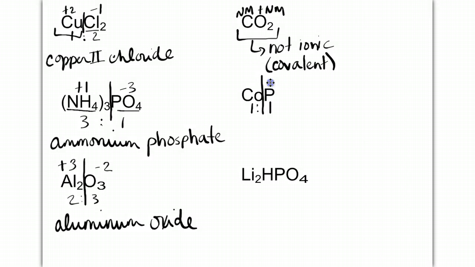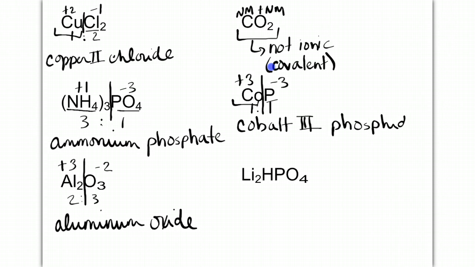And notice on your periodic table, phosphide is in the -3 column, giving it a charge of -3. Therefore, the cobalt must be a +3. So Co +3 is called cobalt, Roman numeral 3, and P -3 is phosphide. You can see where you need a good understanding of your ions in order to make this an easier process.